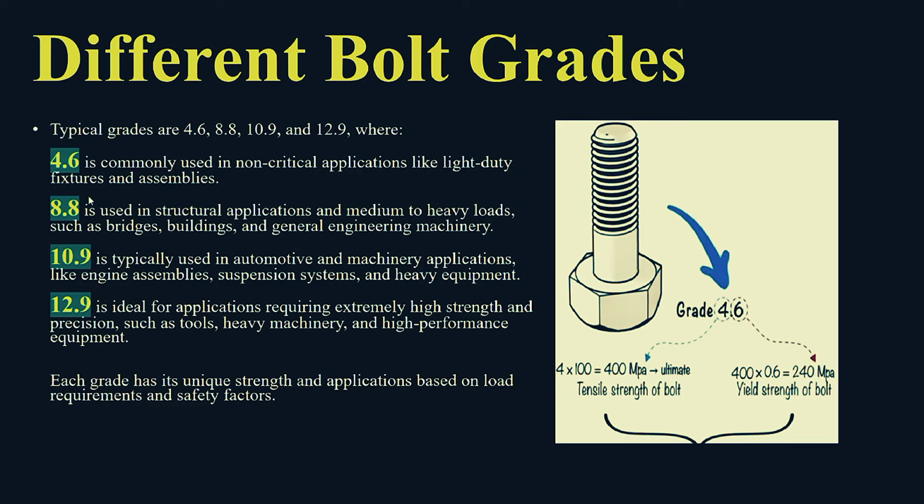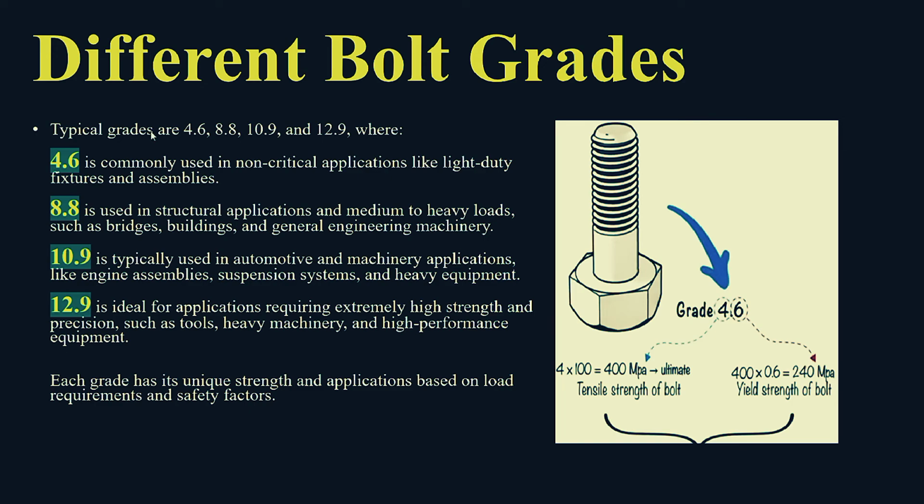The second example is 8.8. It is used in structural applications and medium to heavy loads such as bridges, buildings, and general engineering machinery. Third is 10.9, for example. It is typically used in automotive and machinery applications like engine assemblies, suspension systems, and heavy equipment.